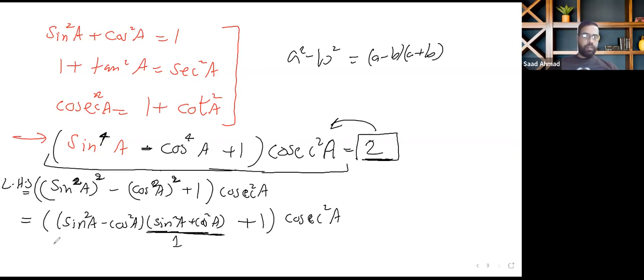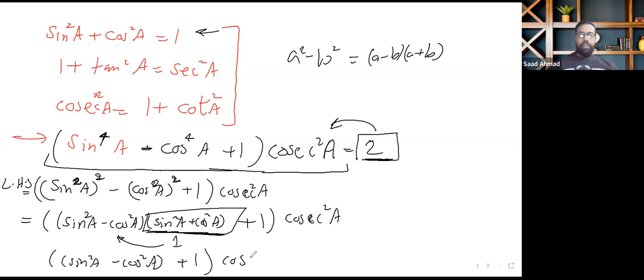So 1 times the sine squared A minus cos squared A plus 1, right? Because this thing is 1 in the identity here.